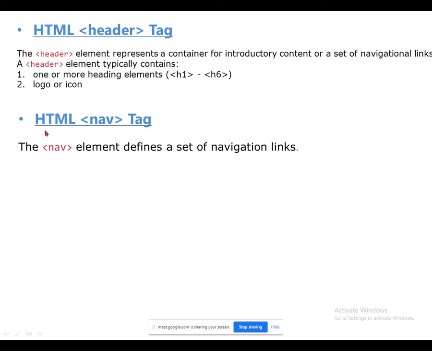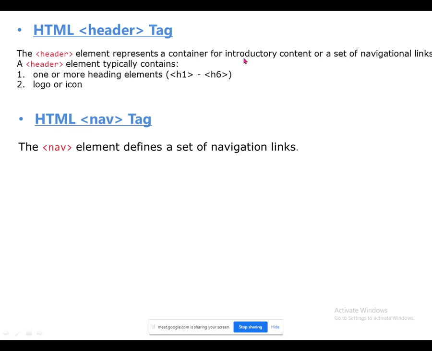Next is the nav tag. The nav element defines a set of navigation links. Suppose at the top you have to give some links related to your website. You can add all those hyperlinks under the nav tag: start with the nav tag, add all the hyperlinks you require, and then close with the nav tag. That part comes after the header part.